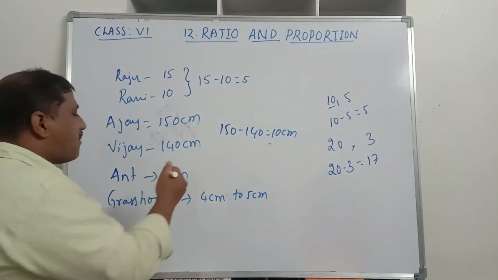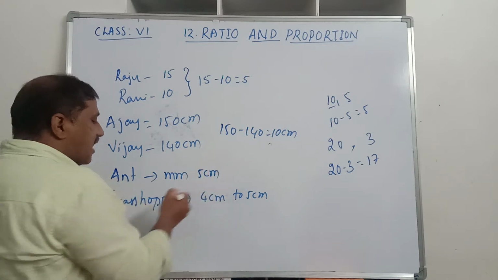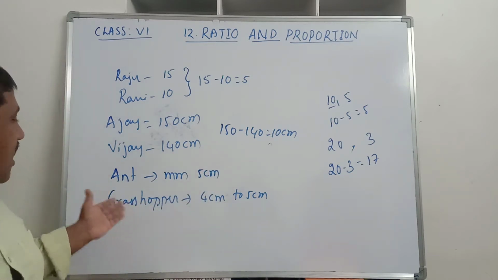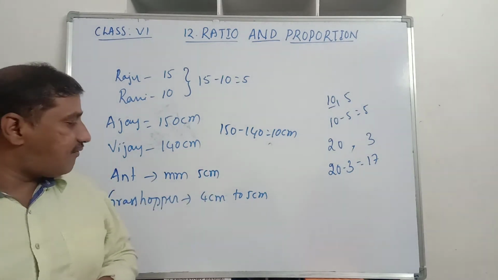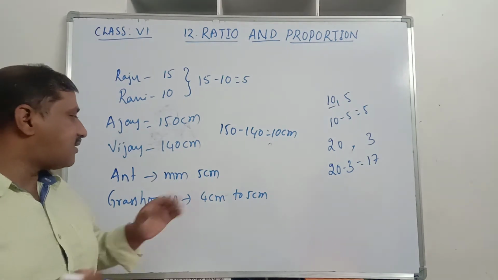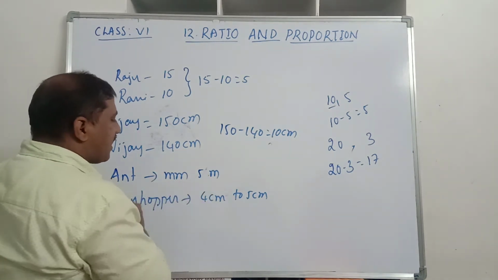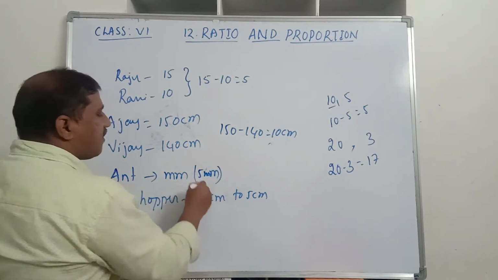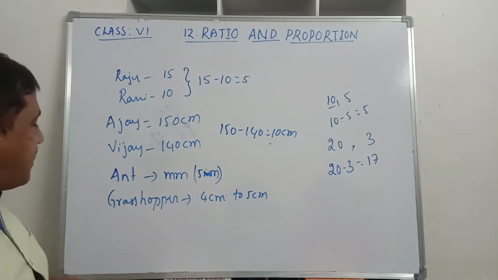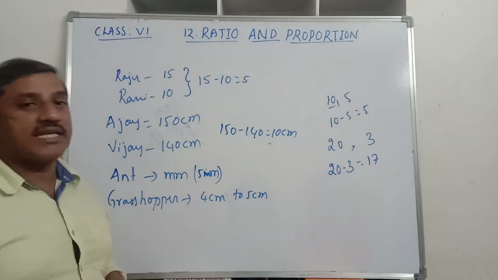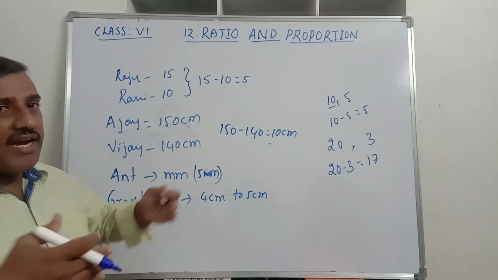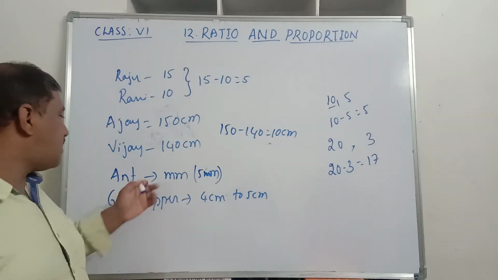Let us say it is 5 millimeters. Then how do you compare them? The length of a small ant is 5 millimeters. The length of the grasshopper is 5 centimeters, which is much longer than the ant.